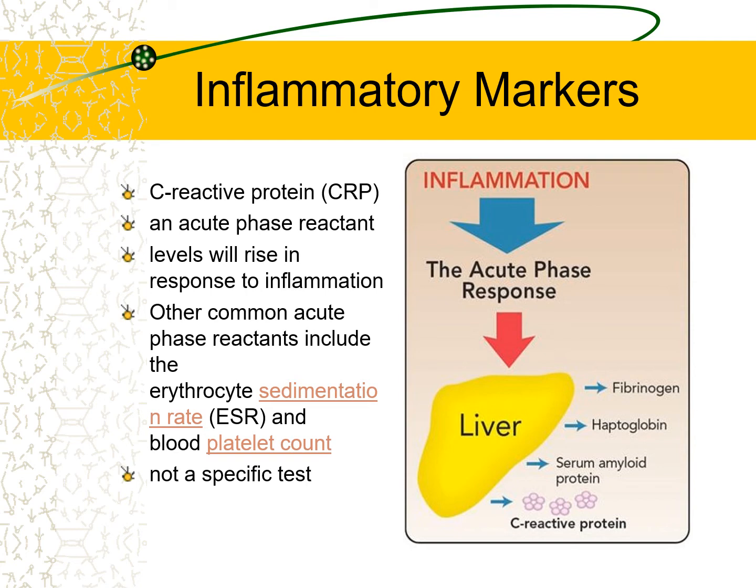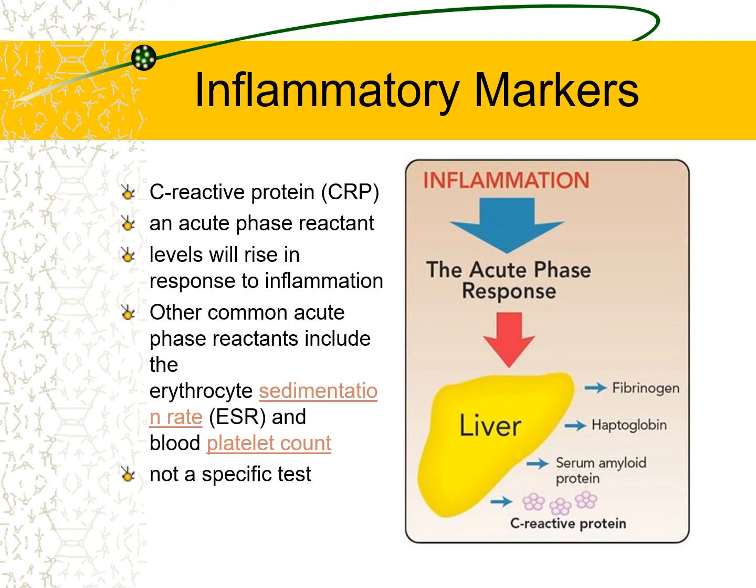All right, the first one we're going to look at is the C-reactive protein. It is an inflammatory marker. It is also described as an acute phase reactant. In other words, the CRP level will rise in response to inflammation. The C-reactive protein is not a specific test.